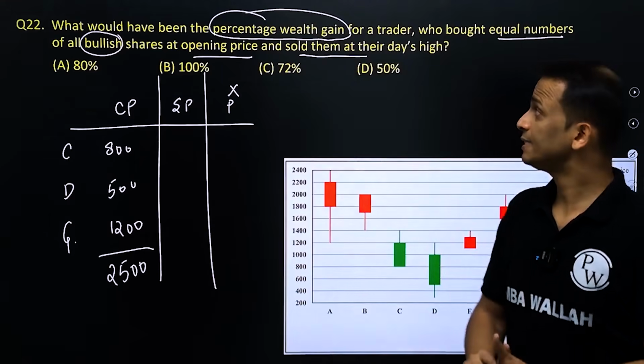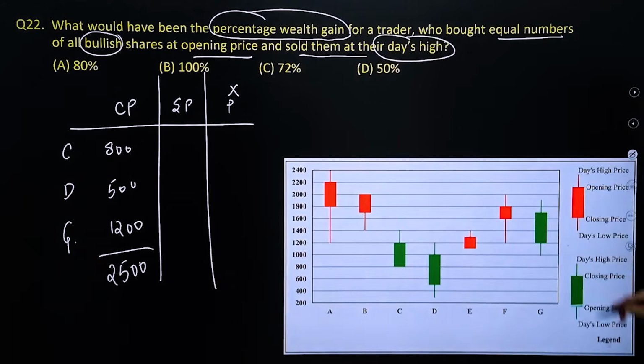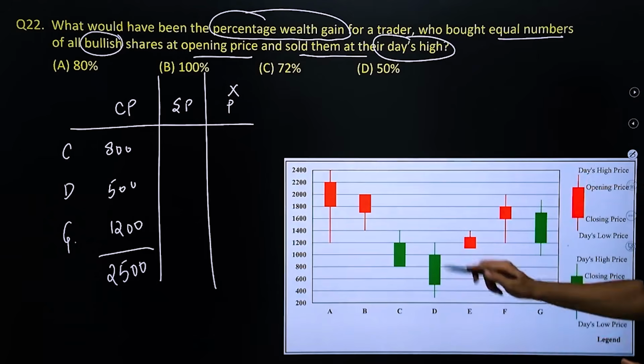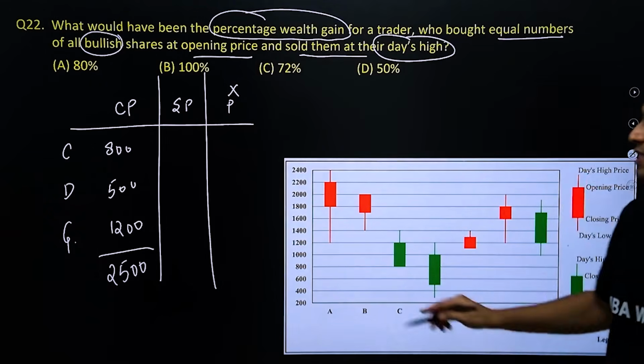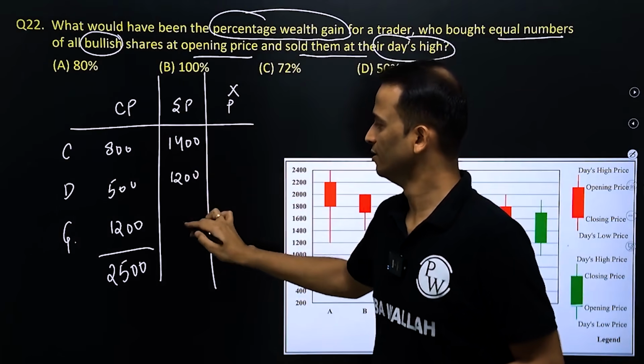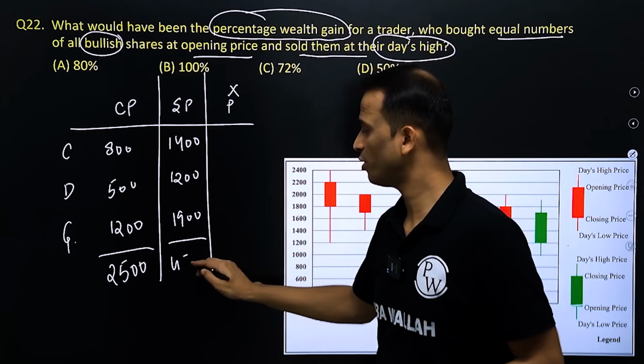Done. Sold them at day's high. In green color case, day's high is the top of the candlestick. All right. So this is sold at 1400, 1200 and 1900. So 1400, 1200, 1900. Total selling price is 4500.